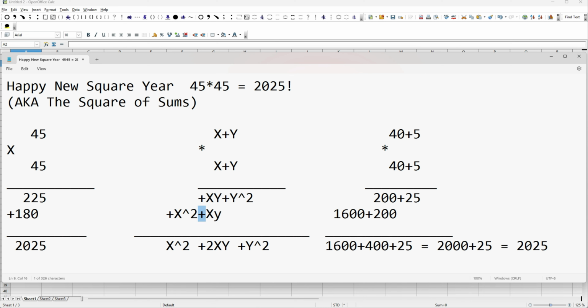Now remember, in the square of differences, this was minus y squared, and this was minus xy, and this was plus xy, and these two canceled each other out. We don't get that bit of luxury here. This just makes it a little more convoluted.